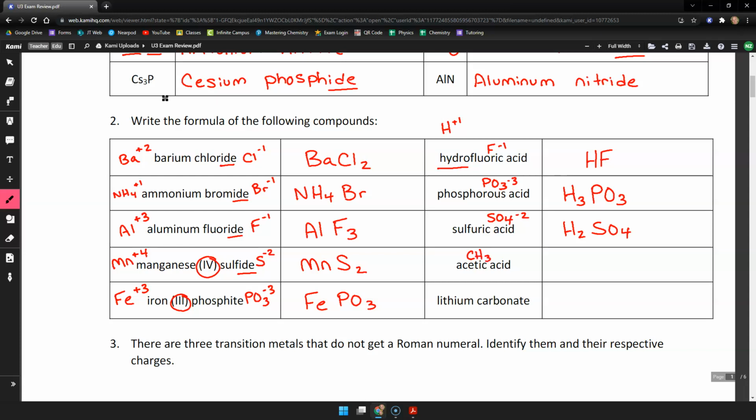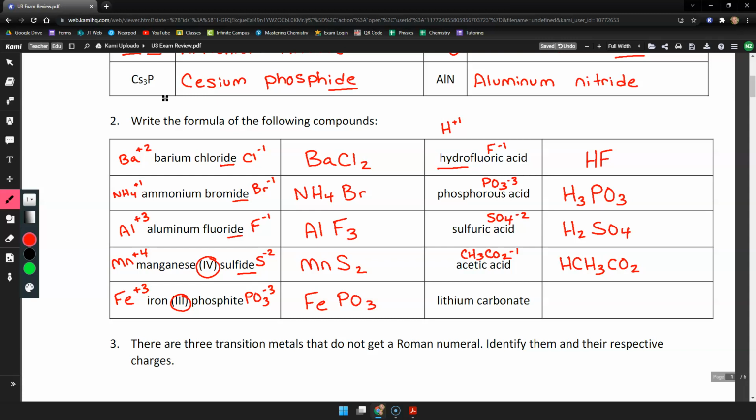Whoops. Let's go back and redo that. So it was CH3CO2, and that had a charge of -1. That whole thing, -1. So we're just going to smash that together with our hydrogen. Don't worry about combining like terms here. Just write it out exactly like you see it. And that's it.